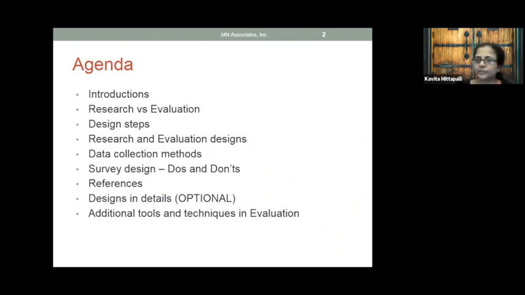I'll also share some of the references, and the slide deck actually has several designs which go into much further detail. So if we have time and if there is an interest, we can talk about the designs one by one, or in any case, you will have access to all the slides and you could go through them whenever you have a moment and whenever you want to use them.